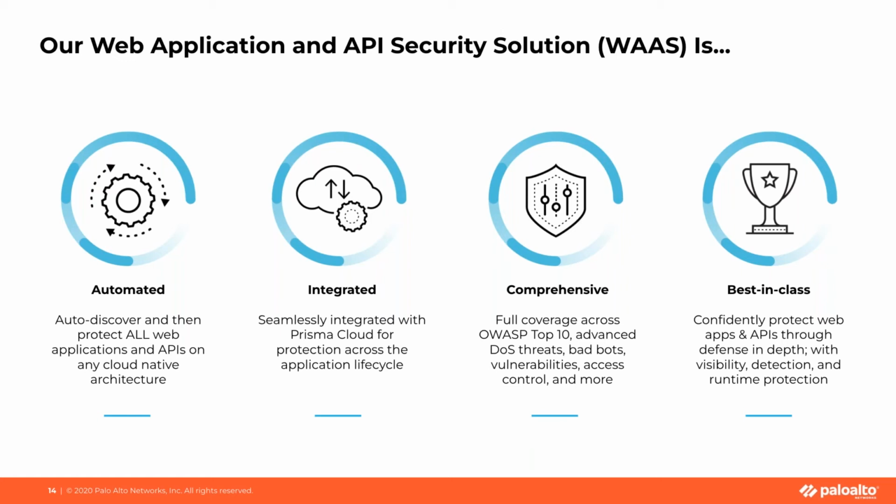It's comprehensive, with full coverage of the OWASP top 10, the advanced DoS threats, bad bots, API attacks, malicious file uploads, and much more. And finally, it's best in class. So you can confidently protect web applications and APIs through that defense in depth approach with visibility, vulnerability detection, security posture management, and runtime protection.